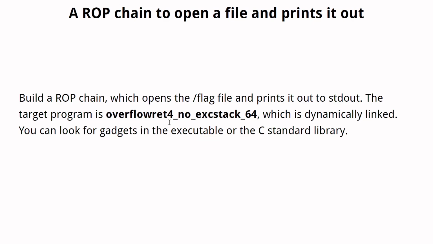And in this program, there is no print secret function for you. So we're going to build a ROP chain that does the same thing as our 64-bit shellcode: it will open the flag file, then print it out. So we're making several system calls, at least two. The first one is open. The second one is sendfile.